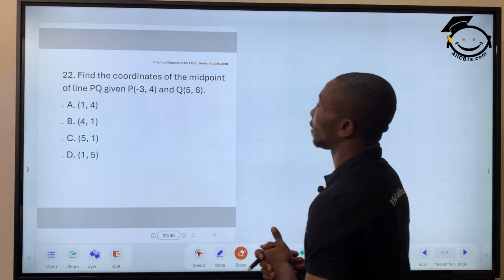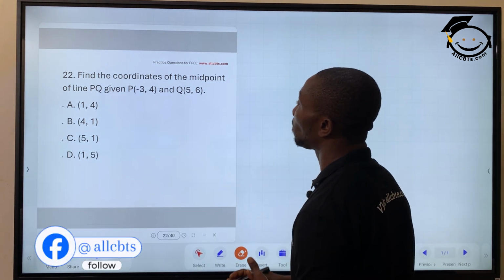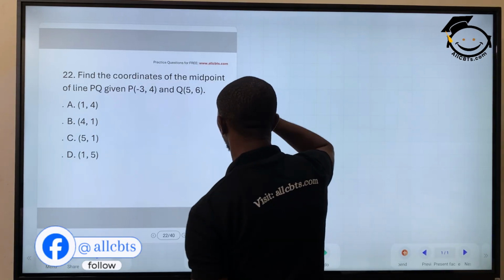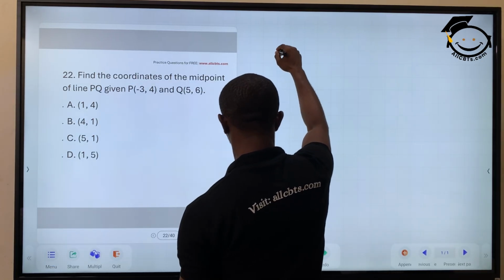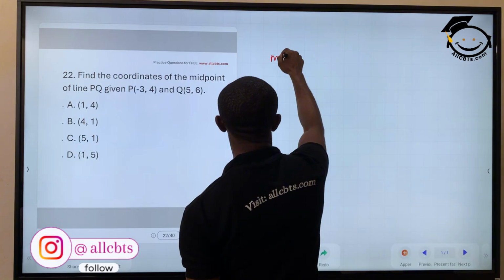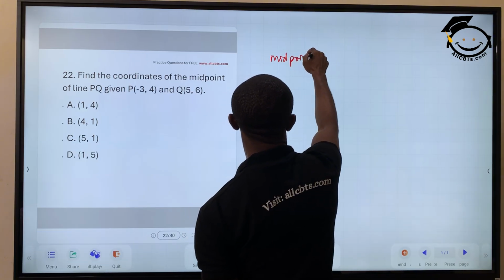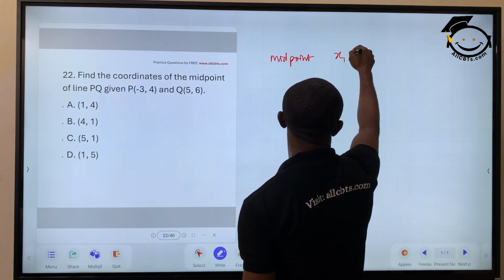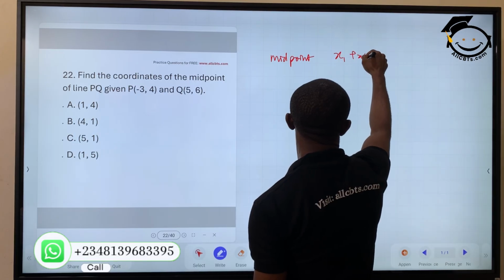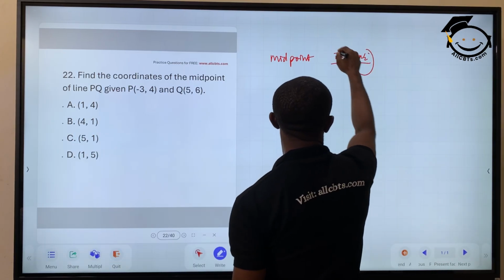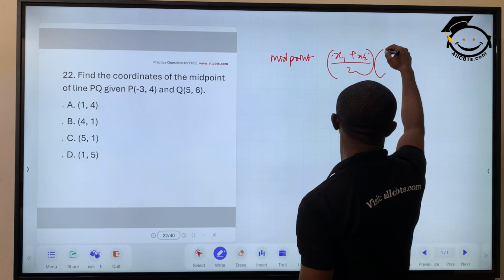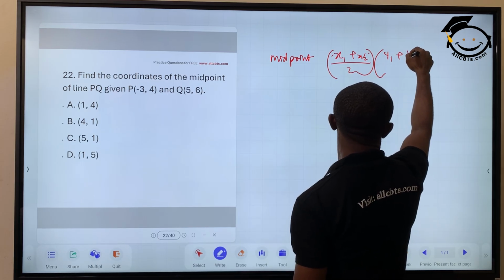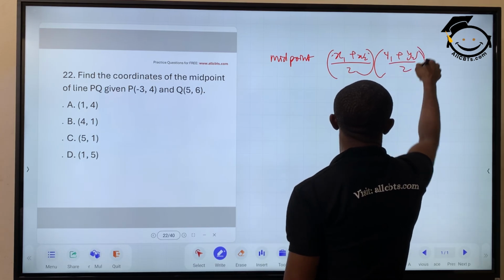Okay, it says find the coordinates of the midpoint of the line PQ. Now, if you're looking for the midpoint, our midpoint formula is x1 plus x2 all over 2, y1 plus y2 all over 2.